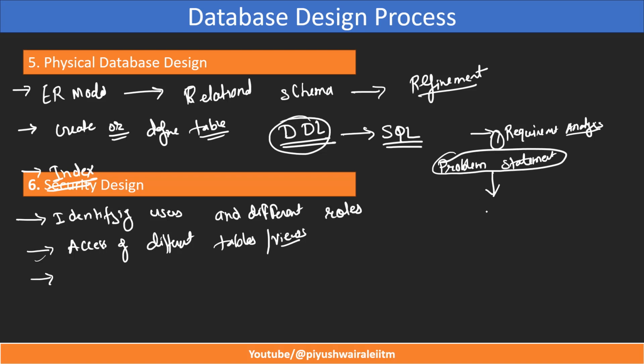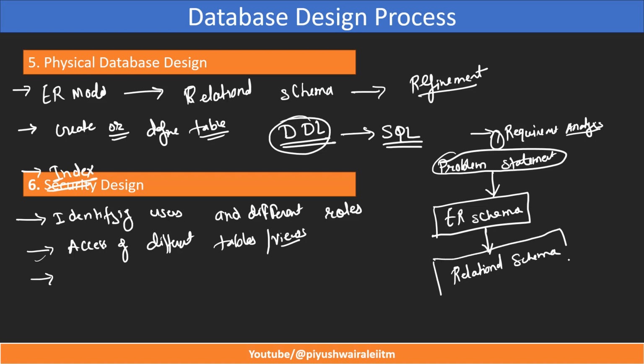Then in step two, we develop an ER schema, an ER model, from the problem statement. Then we convert this ER schema to a relational schema. What is an ER schema and what is a relational schema, we are going to discuss in the next lecture.